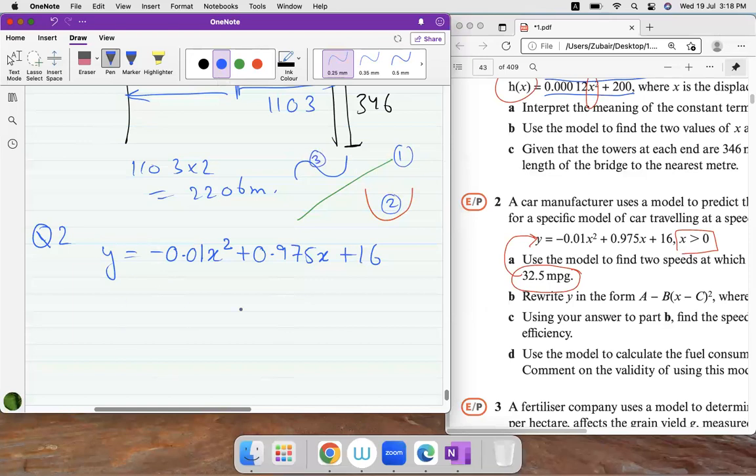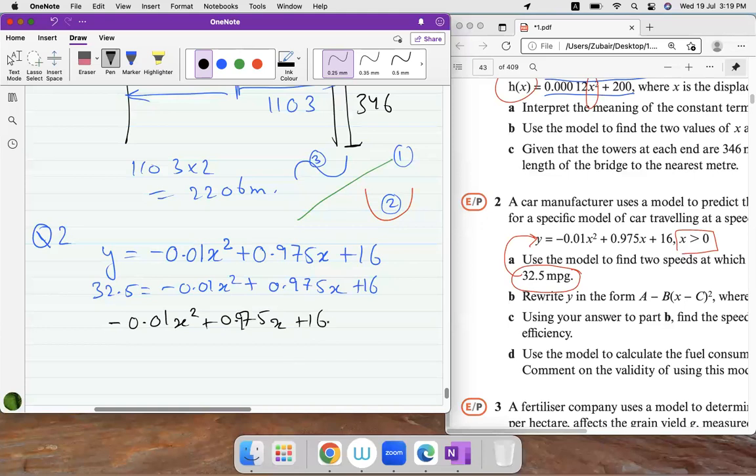So it is a quadratic equation and this is 32.5 equals negative 0.01 x square plus 0.975x plus 16. Definitely when we have values in decimals, we do not go for mid-term breaking or any other method other than the quadratic formula.